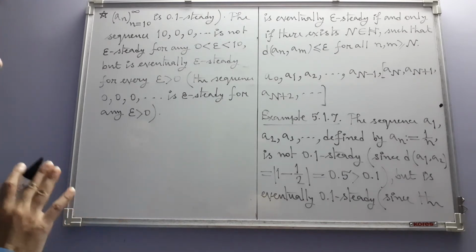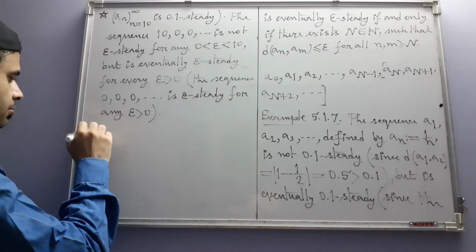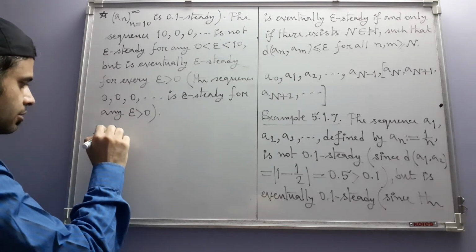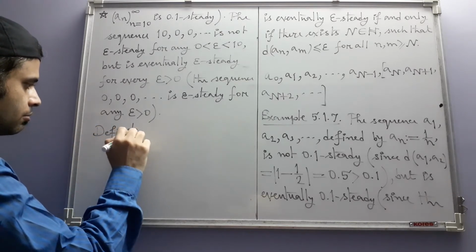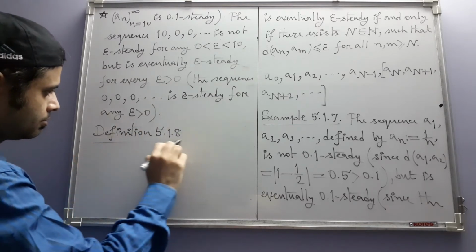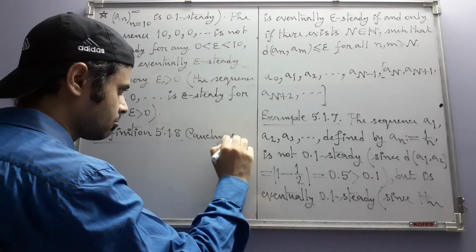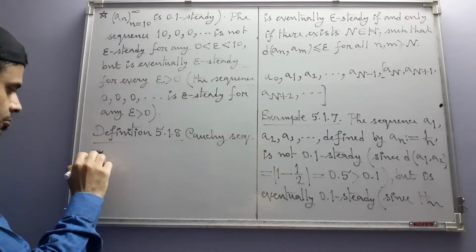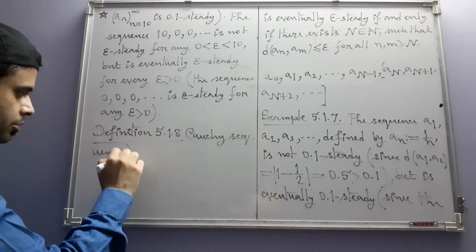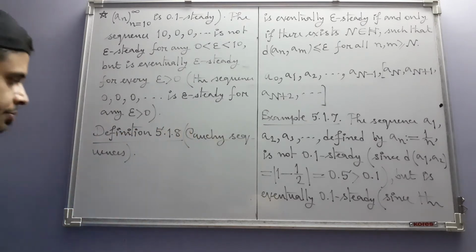Okay. Now, having seen this notion, we are now ready to finally define the notion of a Cauchy sequence, and that goes like this. So that is the next definition. Definition 5.18. Cauchy sequences, named after the mathematician Augustin Louis Cauchy.